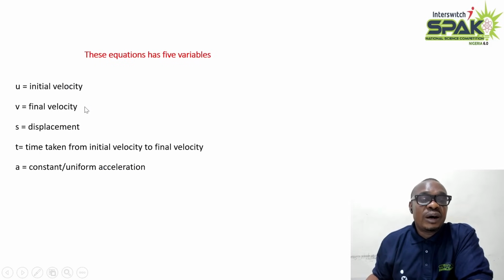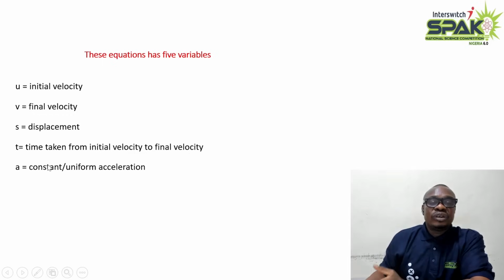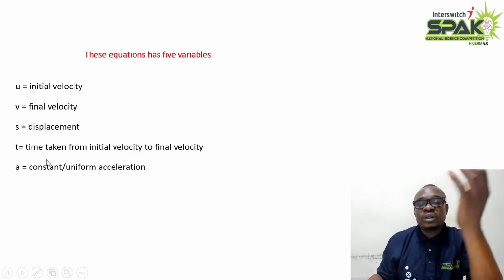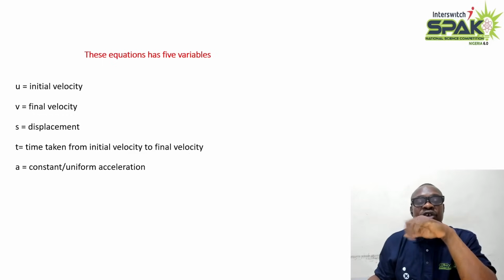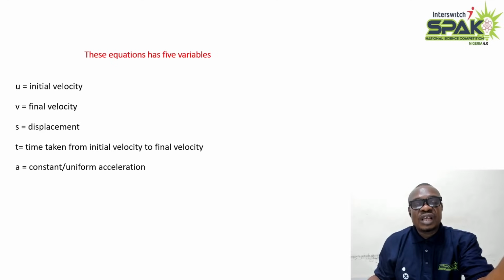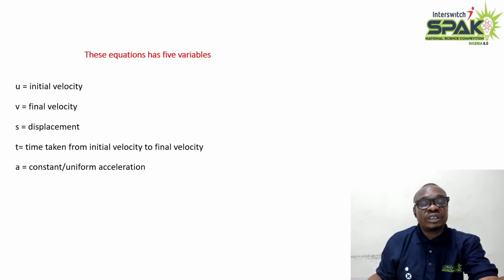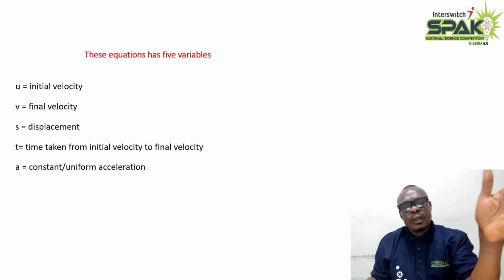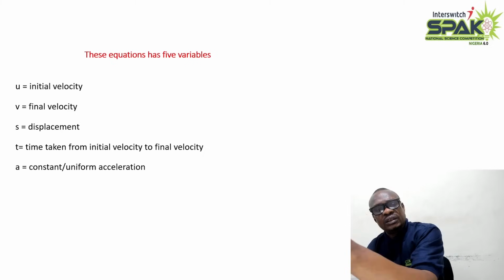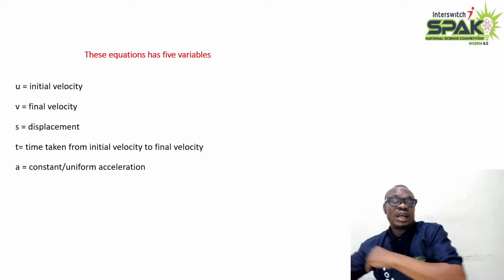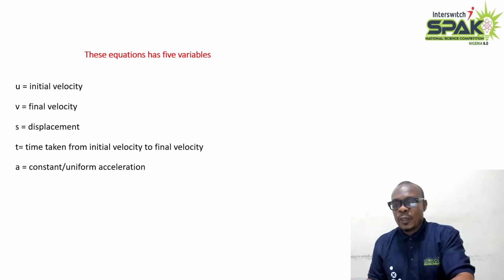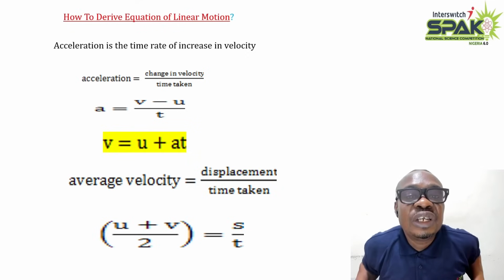Next is the final velocity, v. s is the displacement. t stands for the time it takes to move from initial velocity to final velocity. Then a is the constant or uniform acceleration. Remember, these equations are basically for constant acceleration. A body moves from one point with an initial velocity, then with a steady, constant acceleration attains another velocity. So how do we come about these equations?